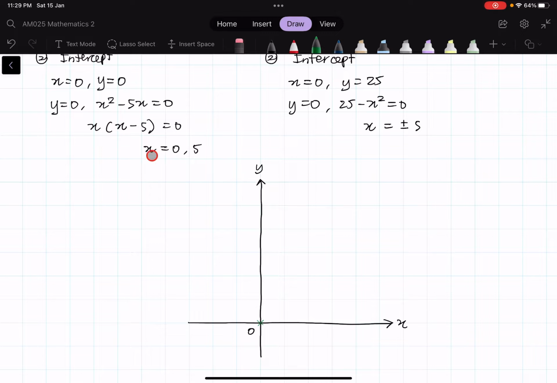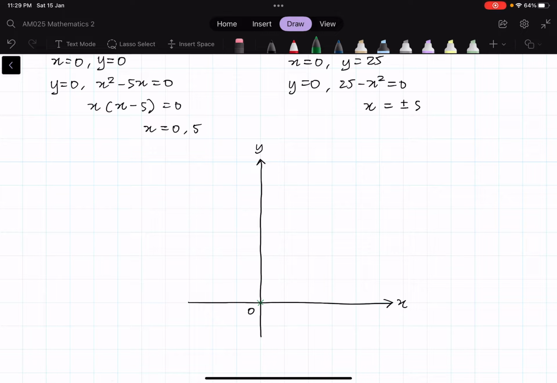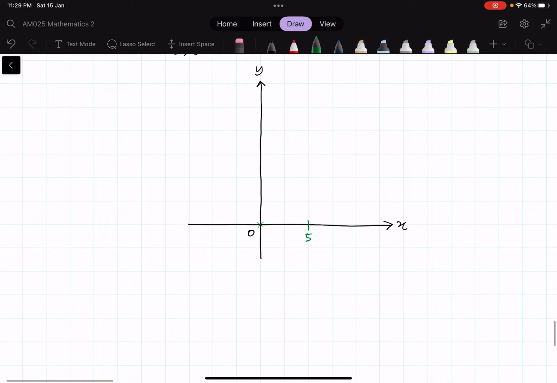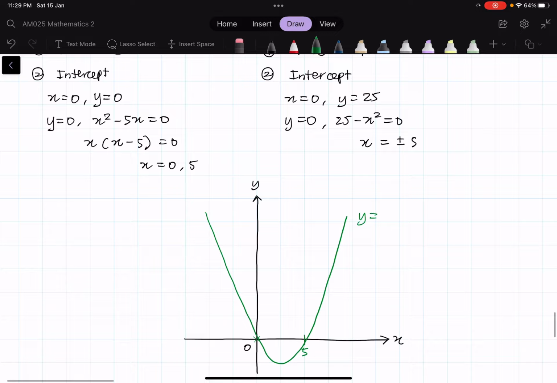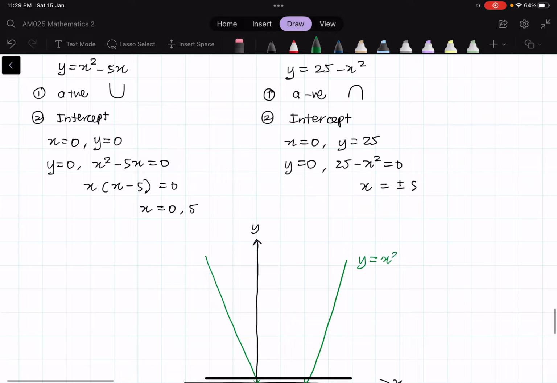And the x-intercepts are 0 and also x equals 5. So these are y equals x squared minus 5x.